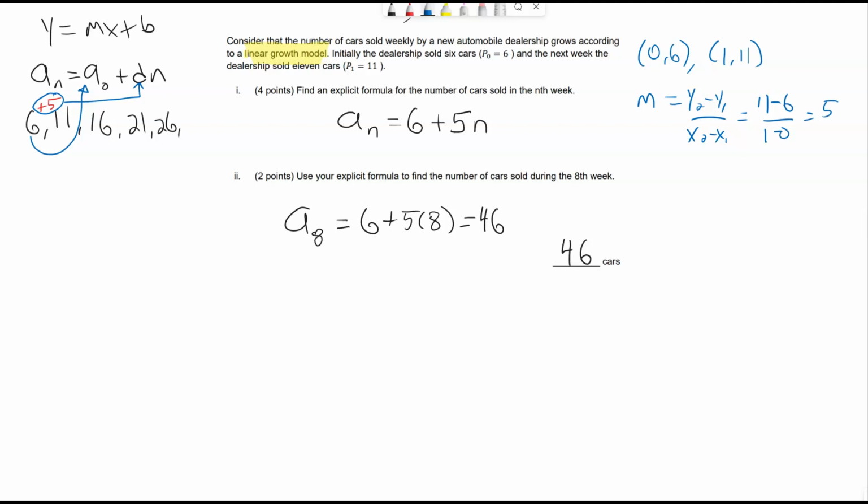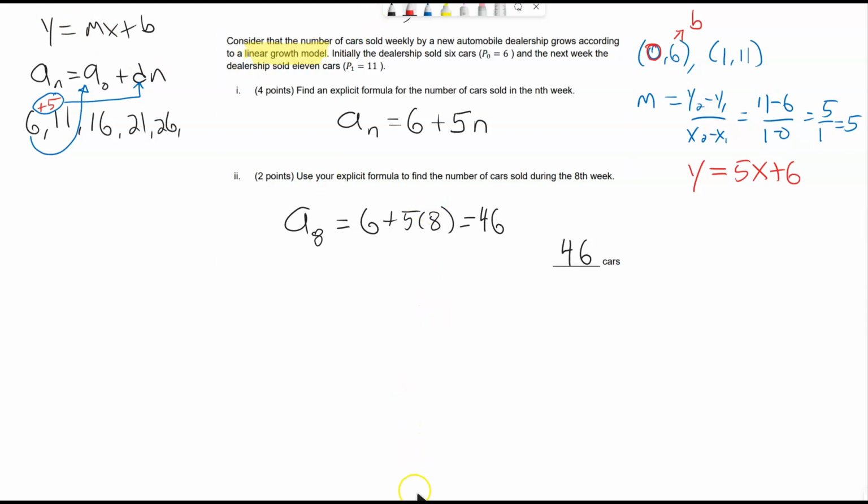That's 5 over 1. 5. And then since this is 0, this would be the b value, and then you could create a y equals 5x plus 6. Notice they're essentially the same formula, just different letters for the different variables. Okay, hope this helps.